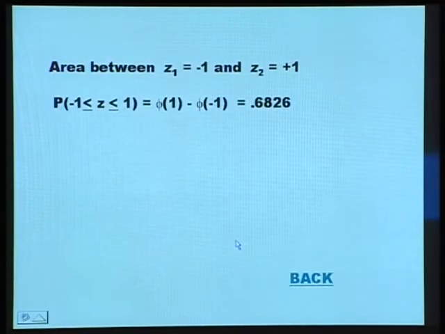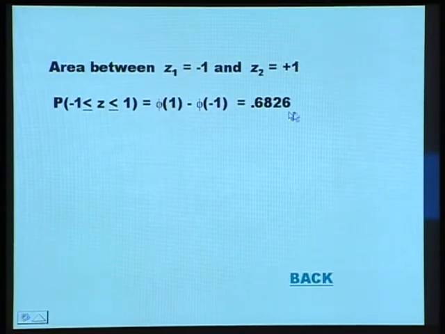So, in fact, we have to find the probability that z will lie between minus 1 and plus 1. This would be given by phi of 1 minus phi of minus 1, which is 0.6826.